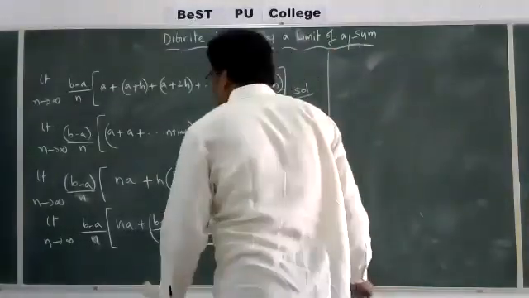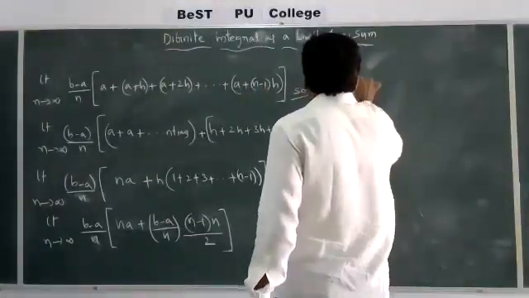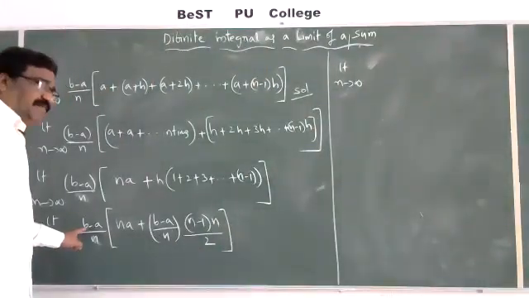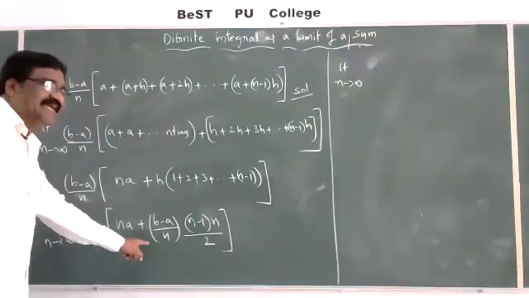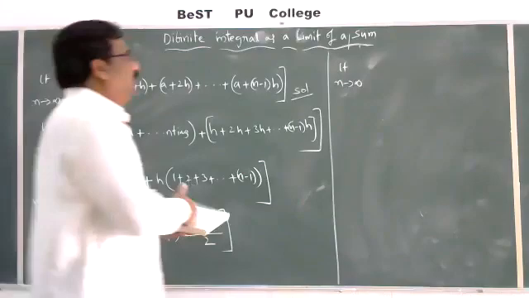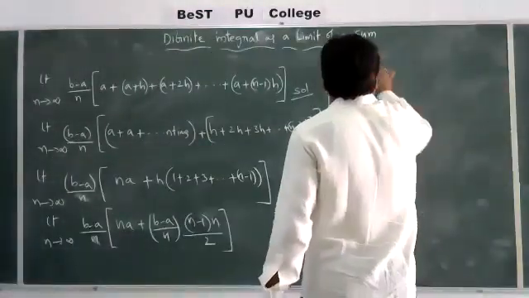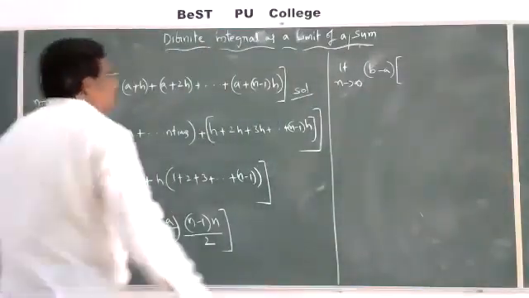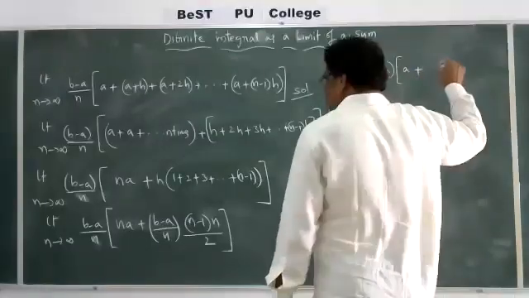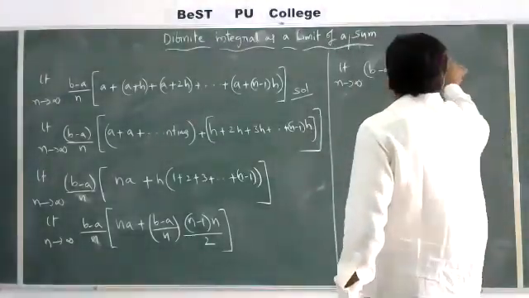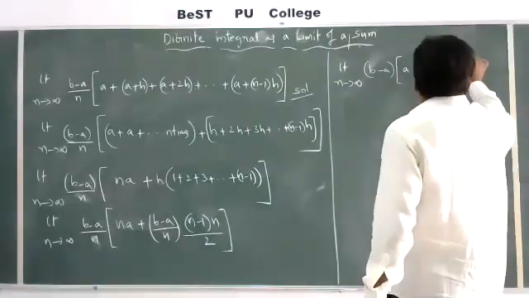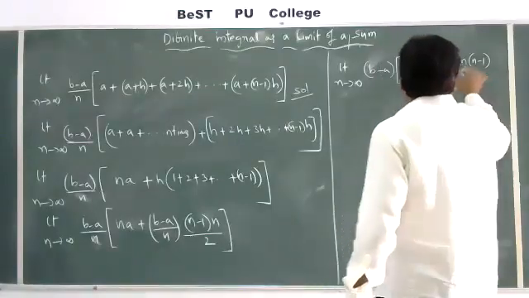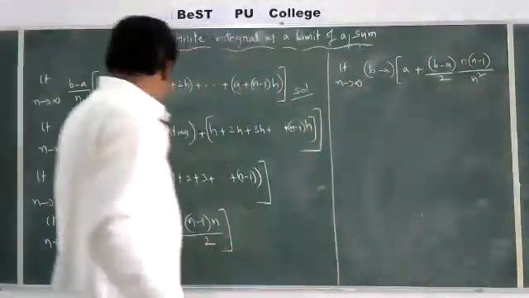Then limit n tends to infinity. Here b minus a, take 1 by n inside the bracket. That is b minus a times the bracket: na by n cancels, giving a, plus b minus a by 2 into n minus 1 by n square times n.